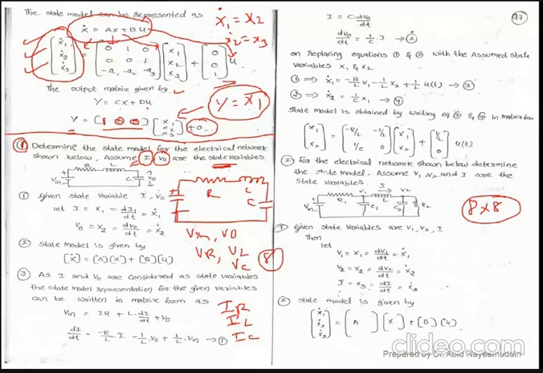Now in this problem he has asked you to find out the state variable by assuming V naught and I. Let me take an empty page to solve this particular first problem. So he has given like this.